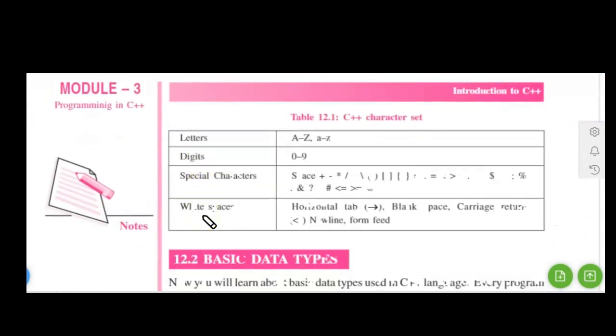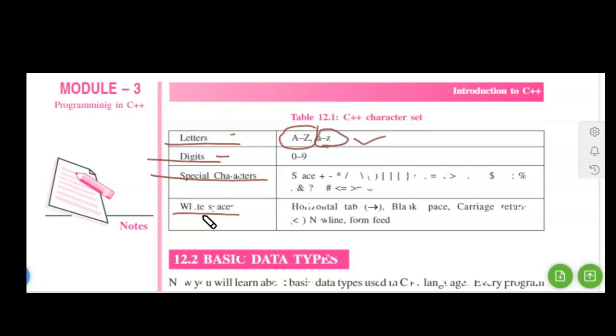So we have already discussed that letters, digits, special characters and white space make up the character set of the C++ language. What are the letters involved? All the uppercase letters from A to Z, involving A, B, C, D and everything till Z, and all the lowercase letters from a to z.